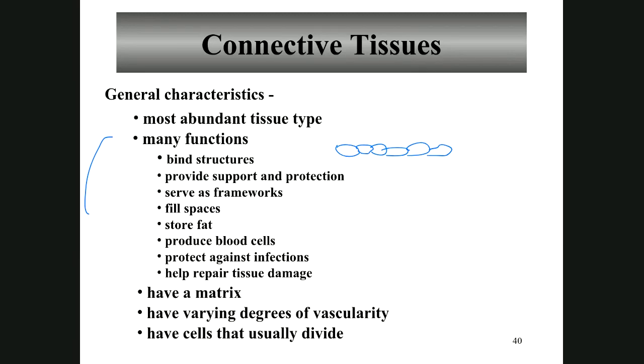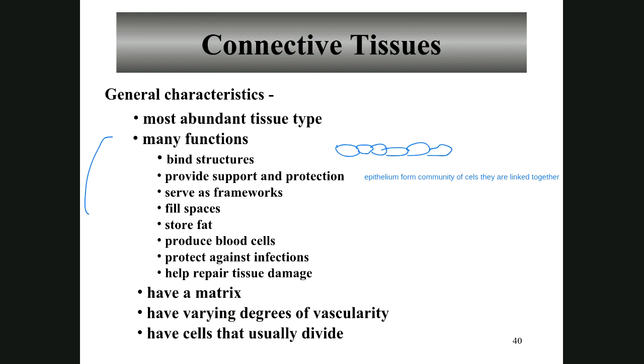Epithelium forms a community of cells, okay? And they are linked together, for example. In connective tissue, they don't have to be like that.